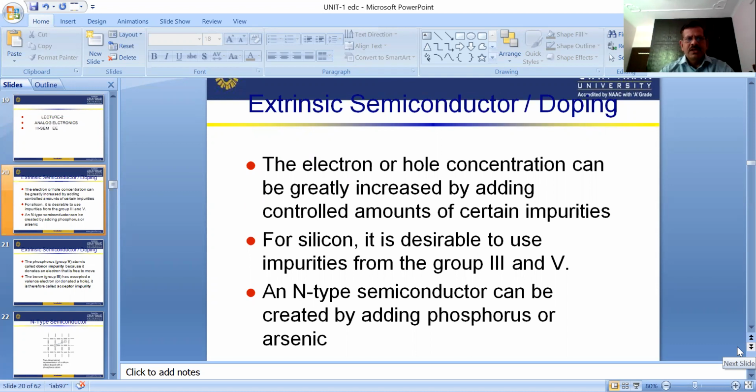First of all, we discuss the extrinsic semiconductor or doping process. What is the doping process and what is the extrinsic semiconductor?